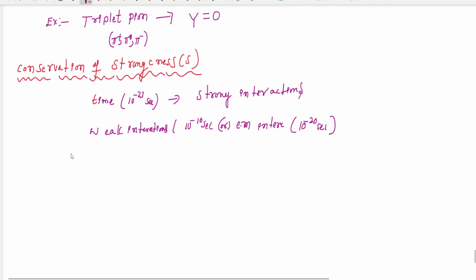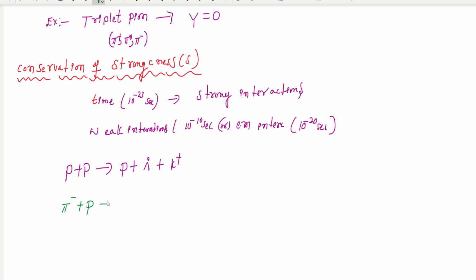Let us show one example here: P plus P tends to P plus pion K plus. Or another example, pi minus plus proton.